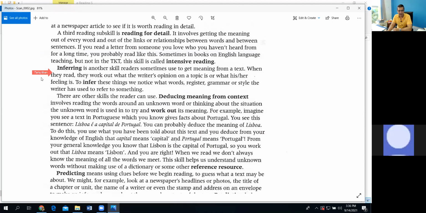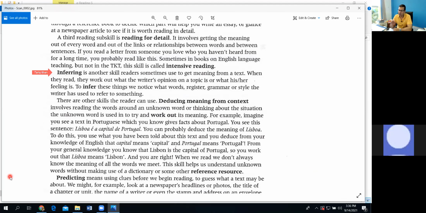Please, can you explain it again? Okay. Inferring is like, if you see, I have written a topic on a subject. And there I have described different characters. And then for those characters, I have used different kinds of words to express. For example, as a writer, if I show some likes and dislikes, there will be words I have used for those likes and dislikes, from which you can understand the meaning of that and what the writer has written about that subject.